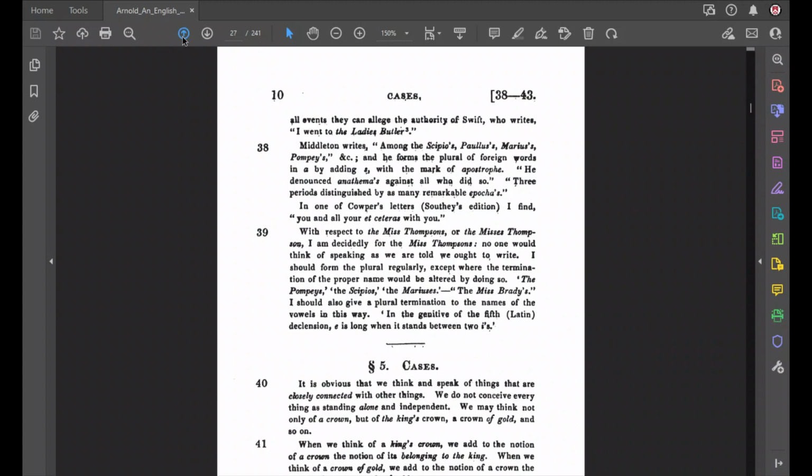At all events, they can allege the authority of Jonathan Swift, who's a famous English writer, who writes, I went to the lady's butler. So we find an example of, instead of saying lady butler and making the plural the lady butlers, he says ladies butler. So all this is teaching us is that we get these rules from the masters of the language.